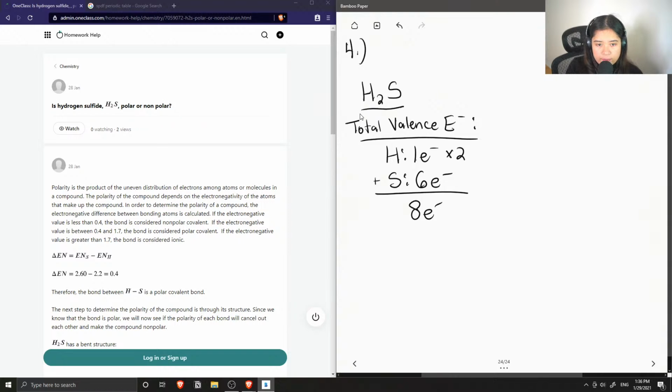So now I'm going to draw sulfur as my central atom, since compared to the hydrogen, it is able to form multiple bonds. And then I can draw 2 bonds to hydrogen.